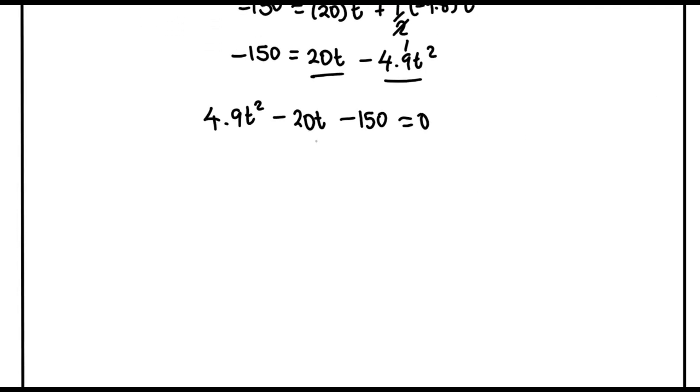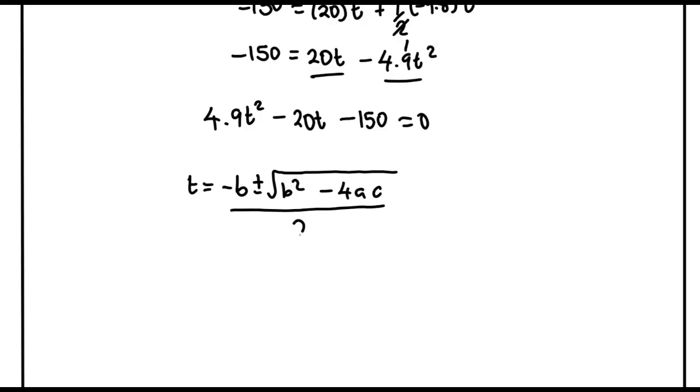Now at this point, we have this equation that's in the form of a quadratic equation. Therefore, we have to solve it as such. We use the quadratic formula, which is negative b plus or minus square root of b squared minus 4ac divided by 2a. So this would be our a, this is our b, and this is our c.